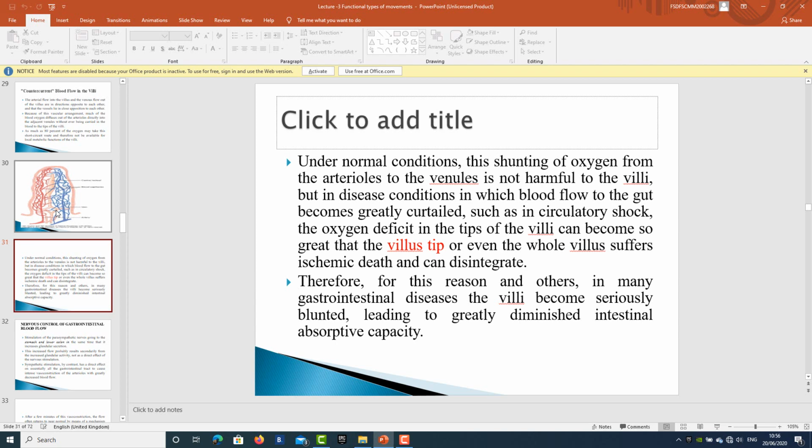Therefore, for this reason and others, in many gastrointestinal diseases the villi become seriously blunted, leading to greatly diminished intestinal absorptive capacity.